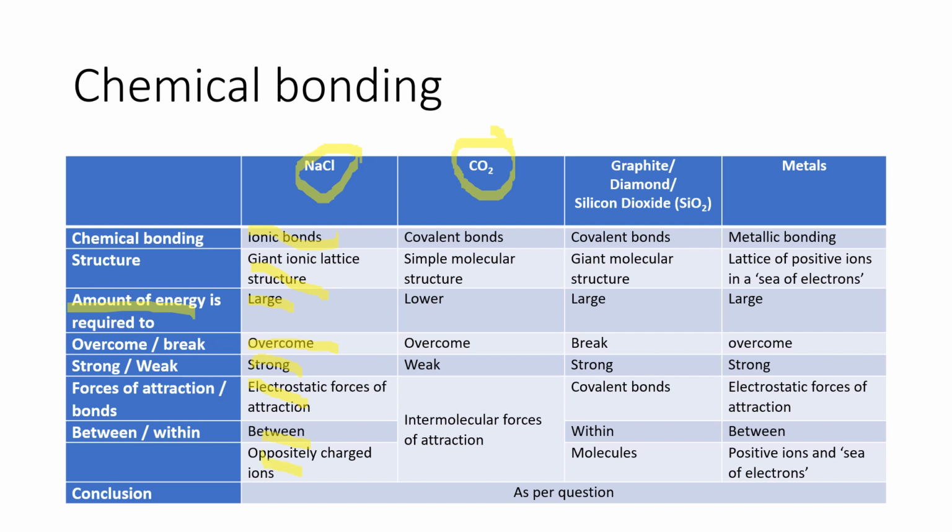While CO2 has covalent bonds and giant molecular structure, less amount of energy is required to overcome weak intermolecular forces of attraction. Thus, you write whatever is queried in the question. And you can do the same for the next 2 columns too.